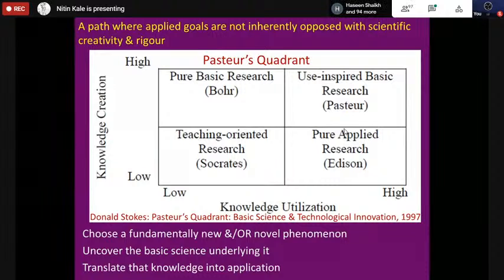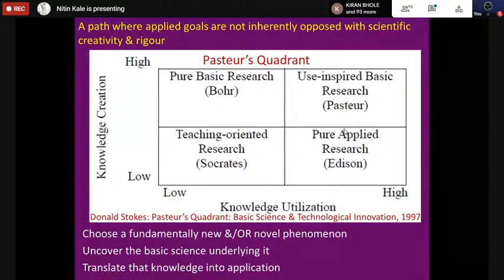It first talks about a situation which he calls teaching oriented research. The example is the great philosopher Socrates. Now, in his case, knowledge creation is less and knowledge utilization is also less. For Socrates' case, teaching oriented research.